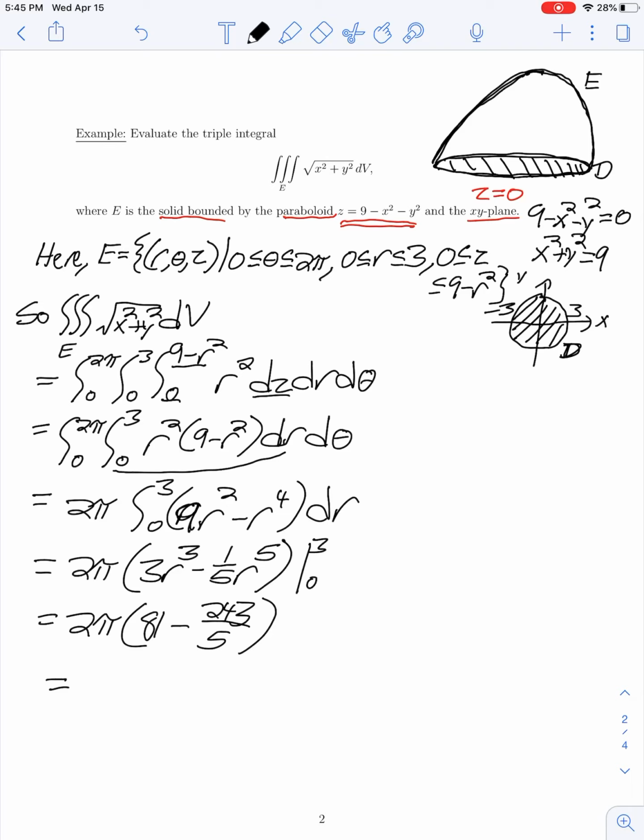So we are left with, after some simplification, 324 pi over 5. All right. So here, again, making this change to cylindrical coordinates gives us functions which are much easier to integrate than the ones we would have if we left this expressed in terms of the rectangular coordinates x, y, and z.